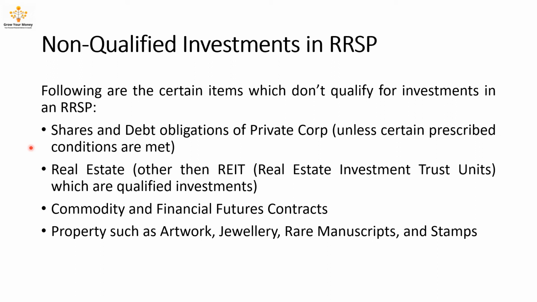So real estate is non-qualified, however REIT is a qualified investment for RRSP. Please remember, commodity and financial futures contracts are non-qualified for RRSP. Property such as artwork, jewelry, rare manuscripts and stamps are again non-qualified investments for RRSP.